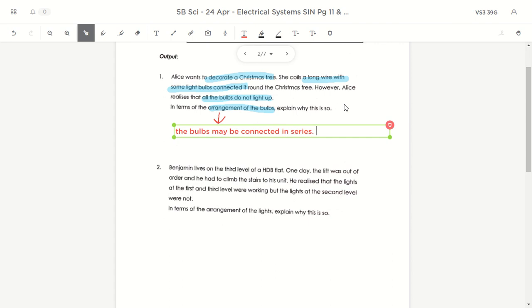All right, you realize you have a long chain of wire with a lot of light bulbs connected. They may be connected in series. So when they are connected in series, if there's a gap in the circuit, or if one of the bulbs is blown, there will be a gap in the circuit.